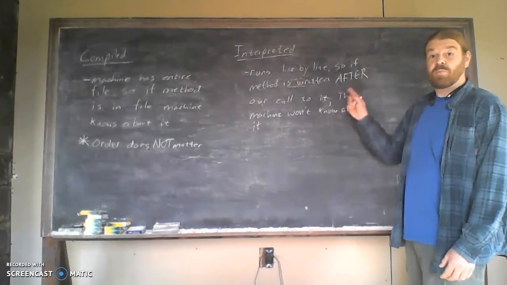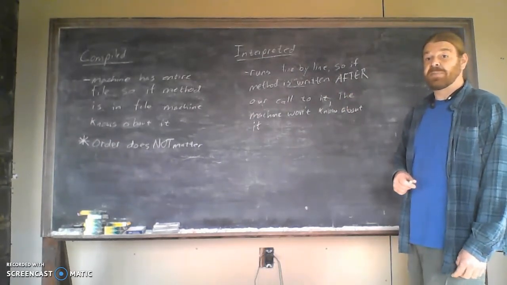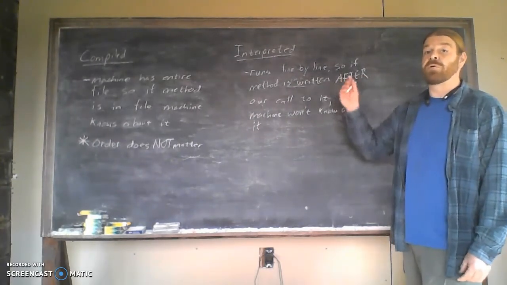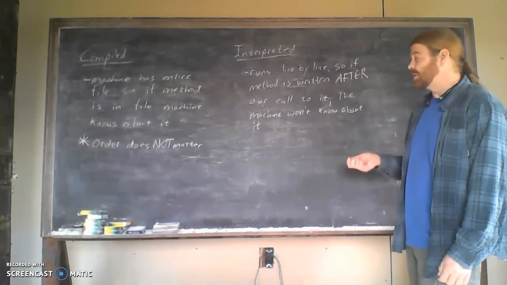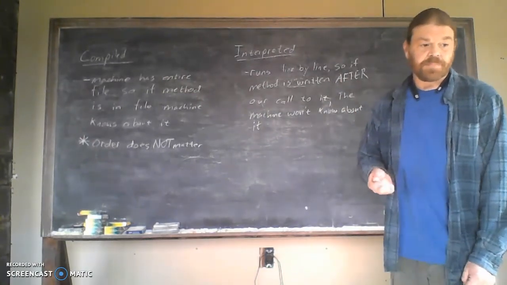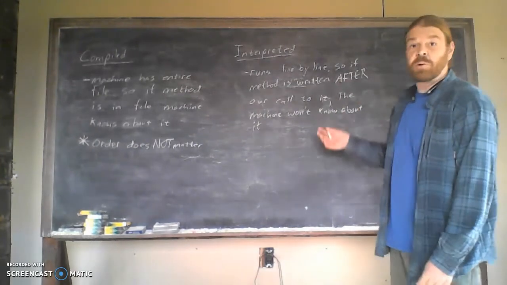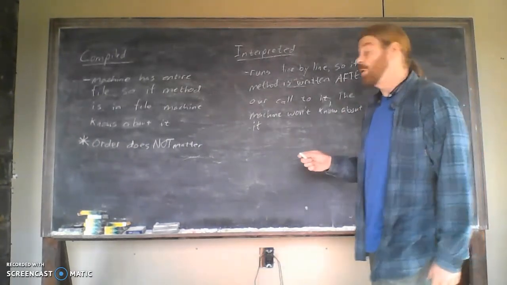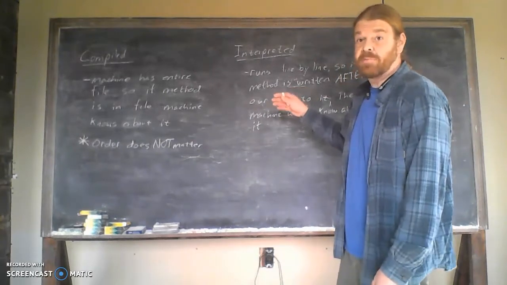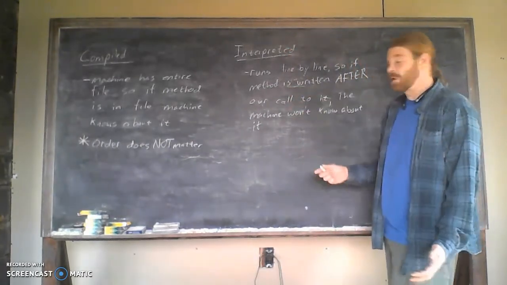So in an interpreted language, the method has to be written before any calls to it. Otherwise, the machine won't know about it. At the point we're at now, where we start at the top and put everything in one file, it has to be written before.